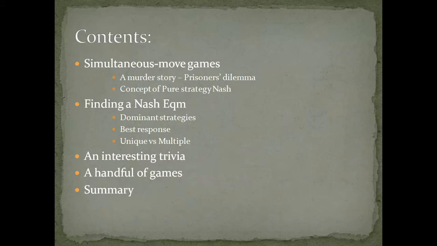Please bear with us, because the topics are so related that it becomes very difficult to isolate one completely and talk about it. But majorly these are the topics that we're going to cover.